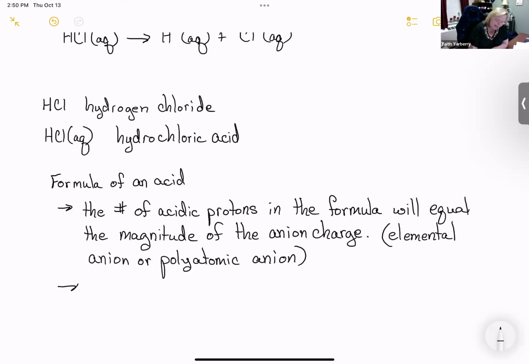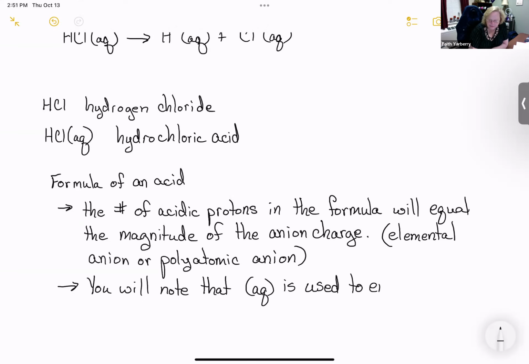And once again, you will note that AQ is used to emphasize that it is an acid's formula.